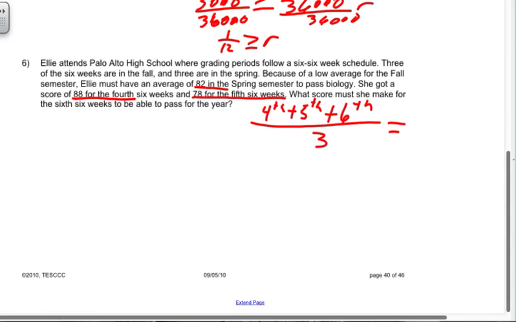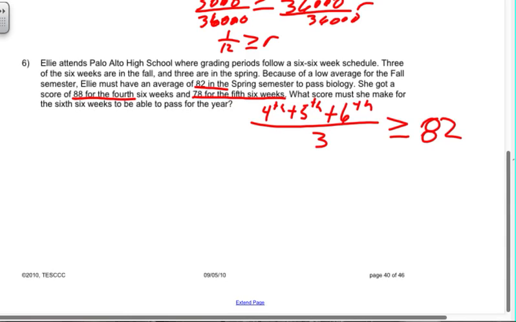And that has to be greater than or equal to an 82. She doesn't want below an 82, but she can live with it being above an 82.